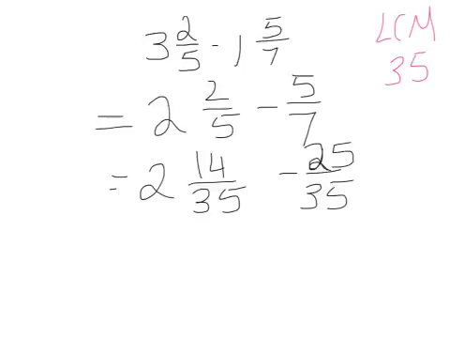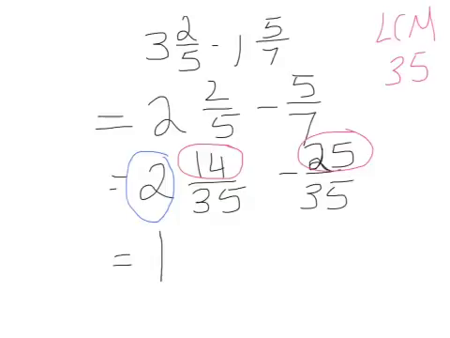Okay, this is the first time we have come up with a situation where this part of the fraction is smaller than this part of the question. How am I going to deal with this? Well, luckily, I have whole numbers. So rather than having 2 and 14/35, I'm going to rewrite this so that I have 1 and 49/35.